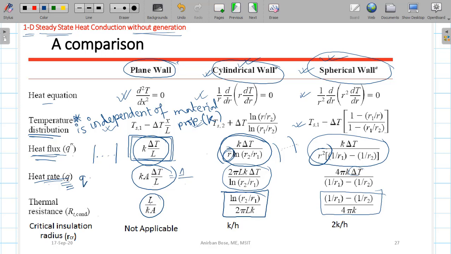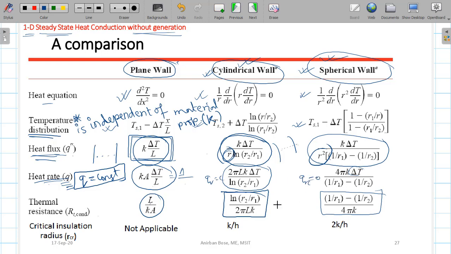So Q, the rate of heat transfer, is constant, because that we observed again and again. If we apply the basic energy equation, we found that this Q was constant along the plane wall in the x direction, or Q_r was constant along the radial direction. Again and again we have seen this particular thing.